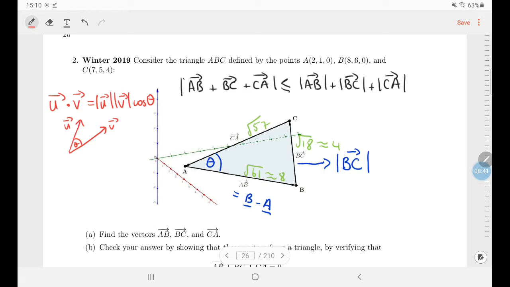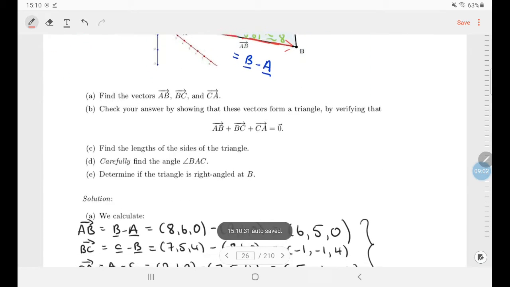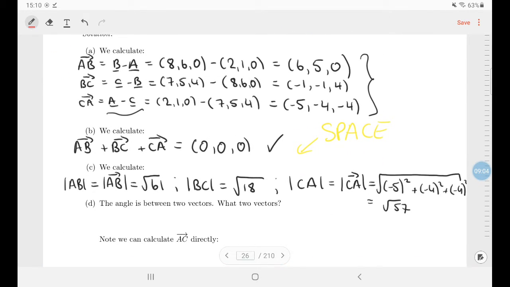You've got the vector A to B, and it's also between the vector A to C. Now you haven't got the vector A to C. Okay, so it's between AC and AB. We'll write that down here. So the angle is between two vectors, A to C and A to B.